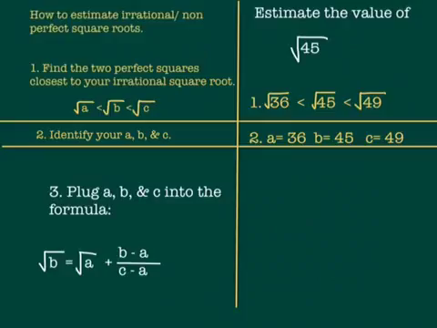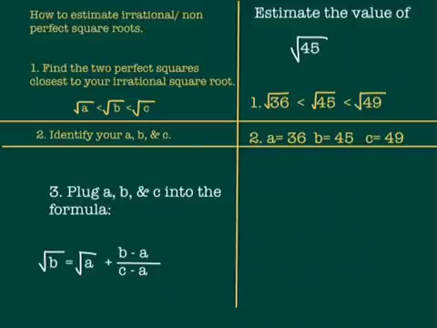Your third step, now that we have found our perfect squares around our irrational root, and we've identified our A, B, and C, is to plug our A, B, and C into this formula right here. So you're going to need to know this formula in order to complete this.